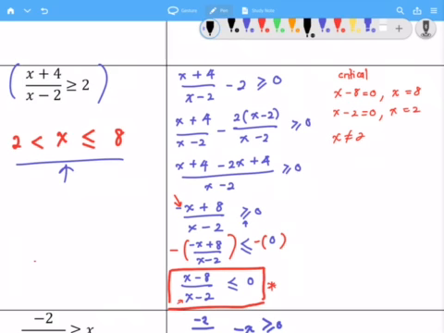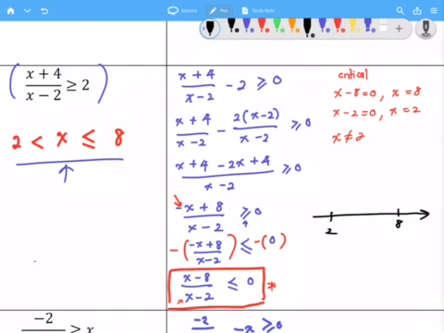So now after you have listed all your critical values, you straight away draw your number line and place all your critical values inside. And then now we focus on each equation.